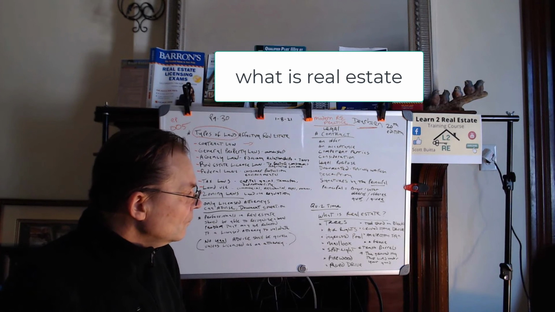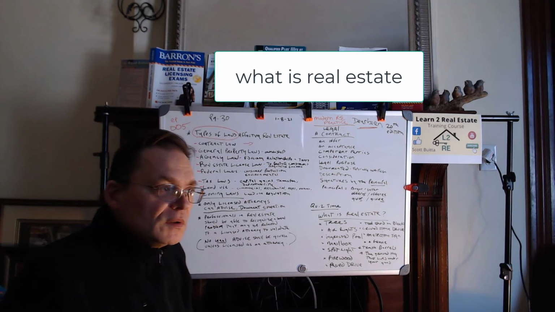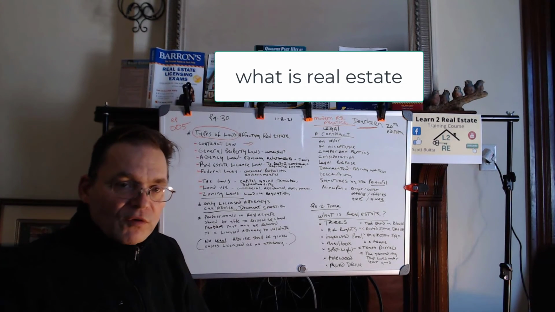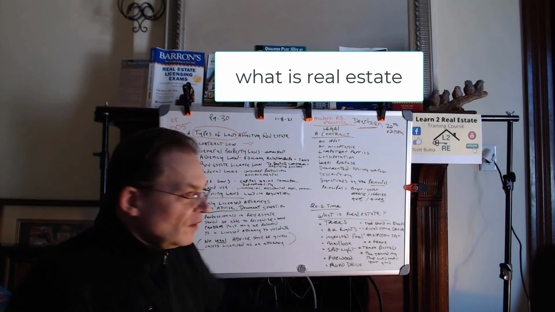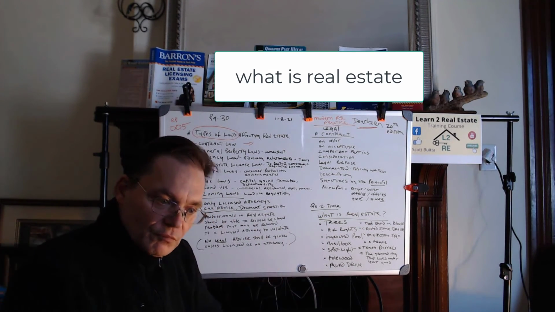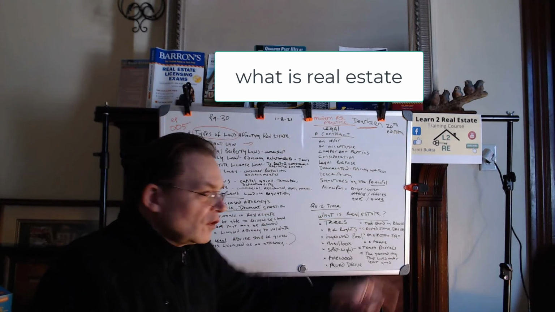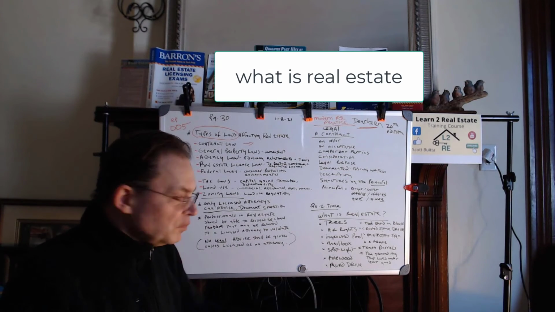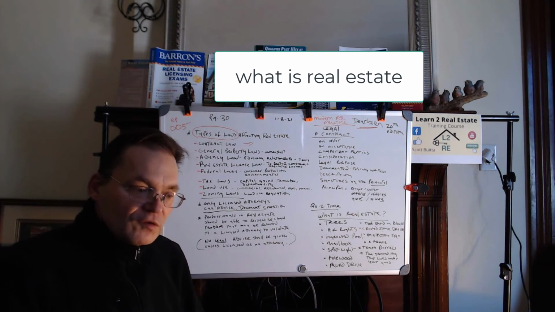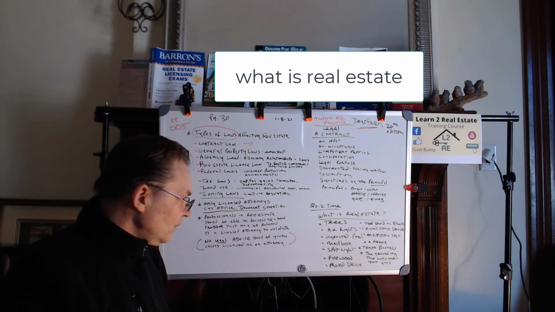So you have to verify whether it's on blocks, and if it is on blocks and it is movable, it has to be negotiated whether that item stays, since it is a personal item, or it's going. If it's put on a slab and it's wrenched down, it's part of real estate. The crushed stone that's on a driveway is not attached, but it's made specific for the property. Its purpose is to be the driveway. So it is part of the real estate.